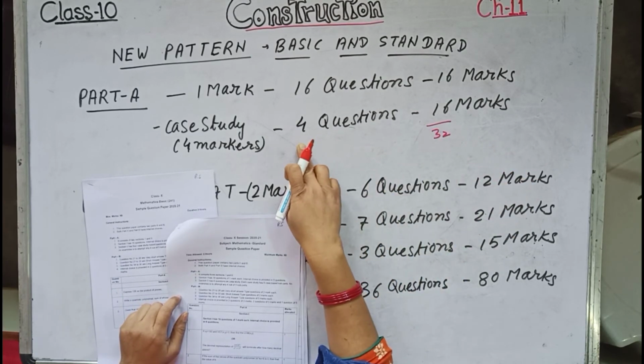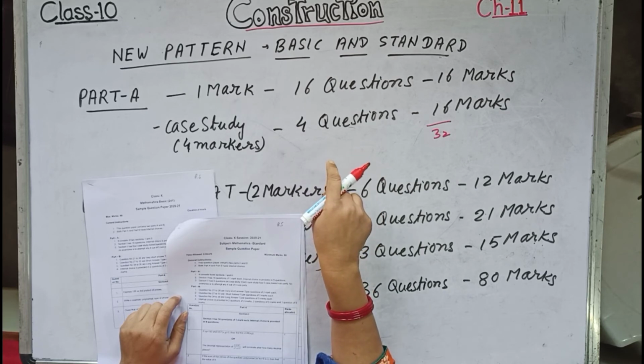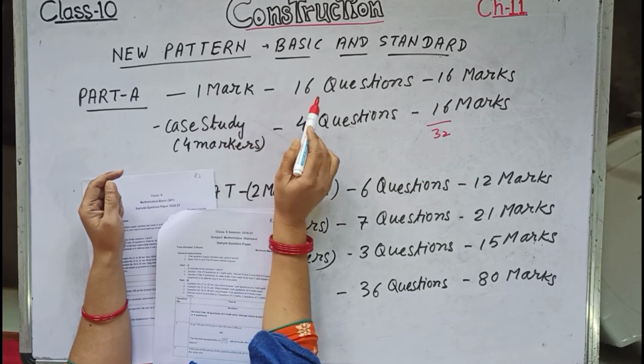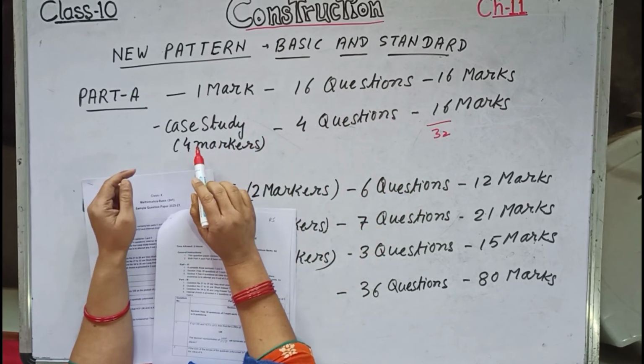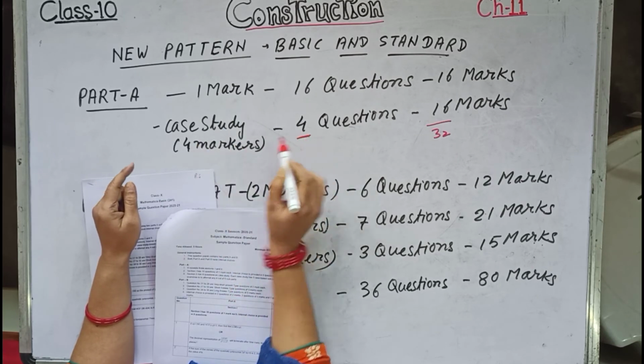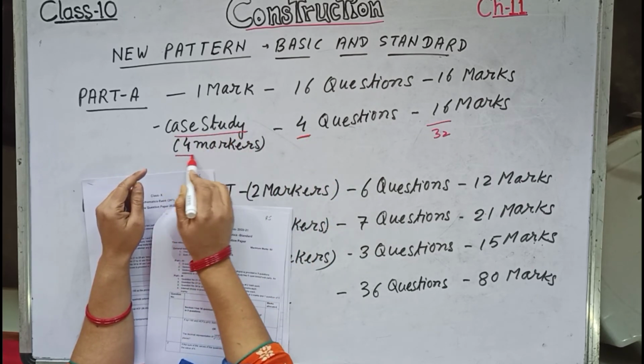But here it is 4 questions per mark, so let us first understand. Part A consists of section 1, 16 questions, 16 marks. Section 2 of part A consists of 4 questions, and this time it is case study.